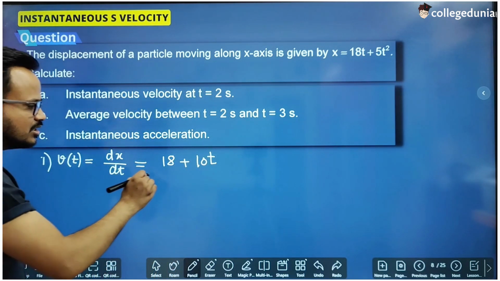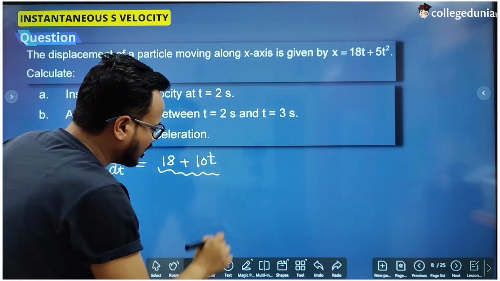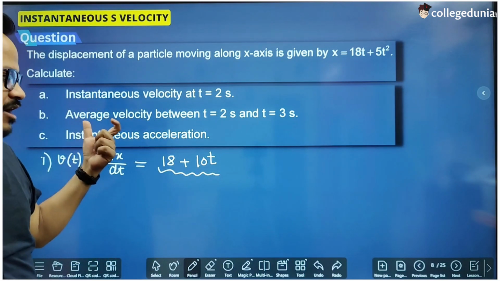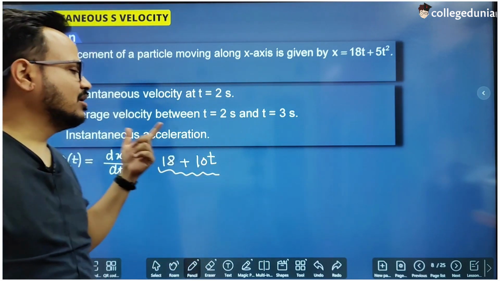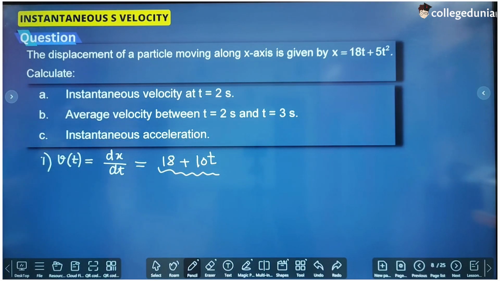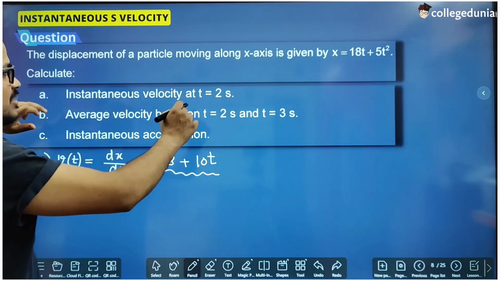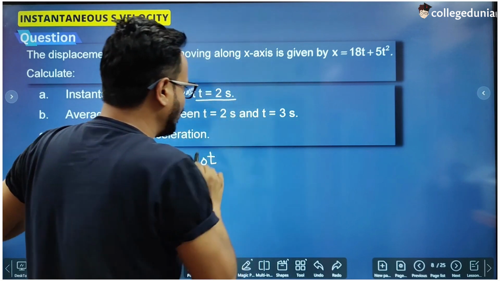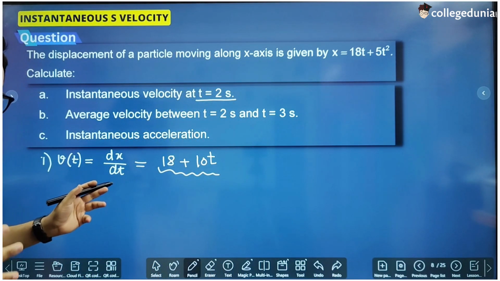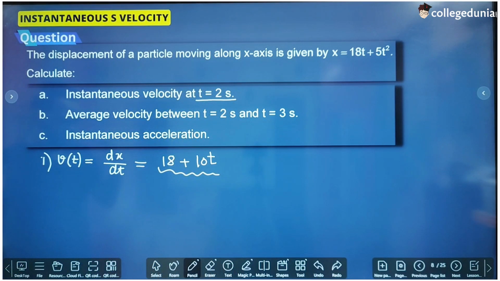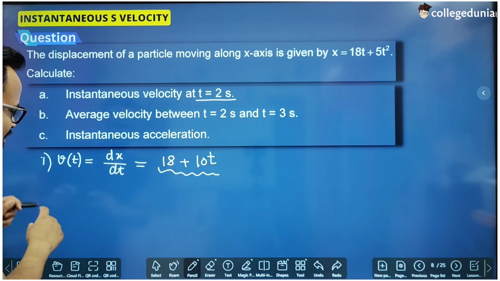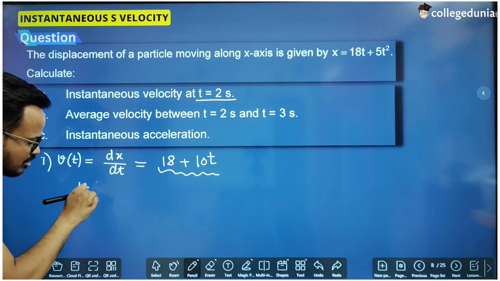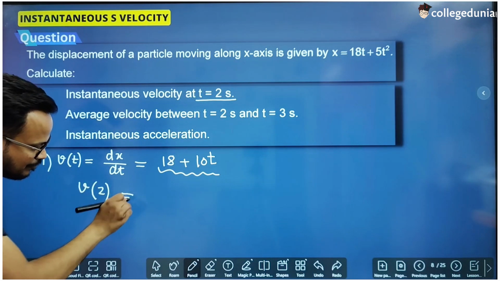So V(t) is a function of velocity in time. We have to find the instantaneous velocity at t equal to 2 seconds. Now we have the function of velocity in time, so we can put t equal to 2 in this function.